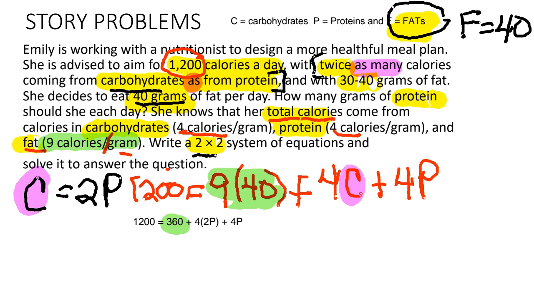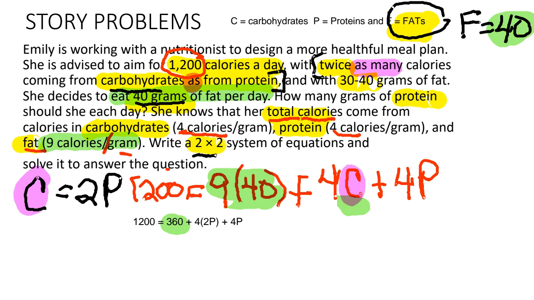Well, we're already told that we're eating 40 grams of fat. That takes care of one of the variables. This C is replaced right here by 2P. And there's my 4P.